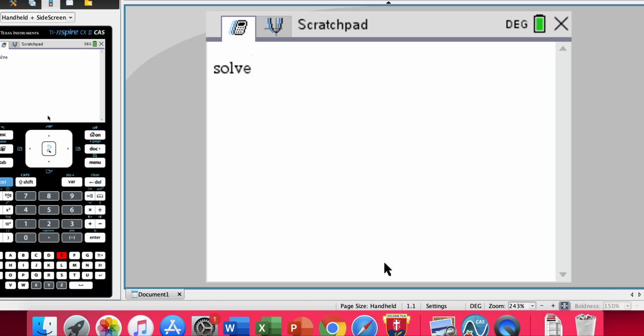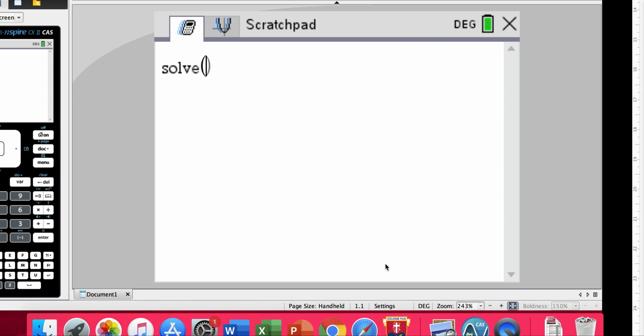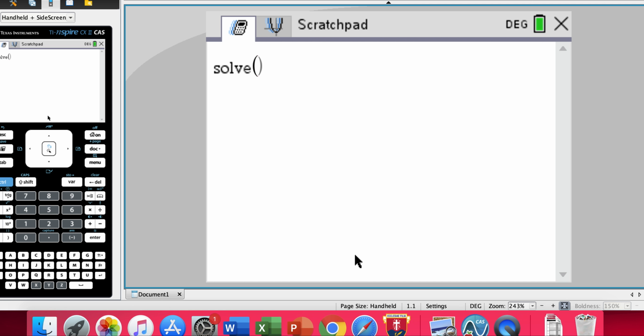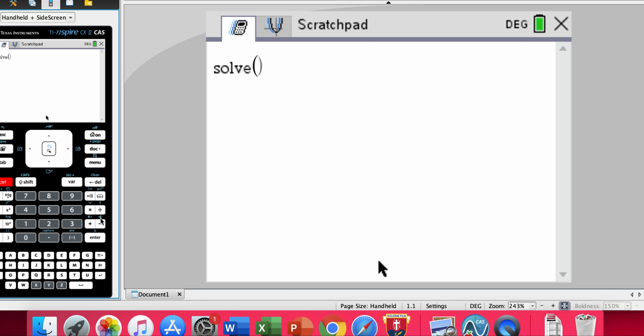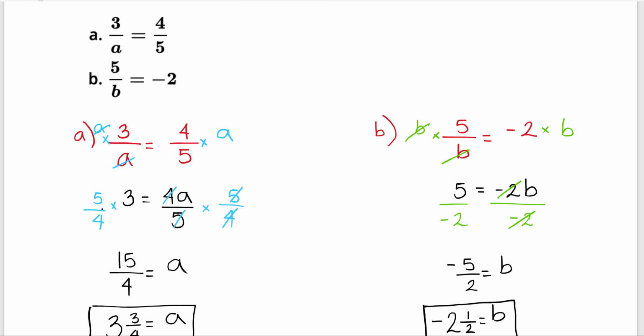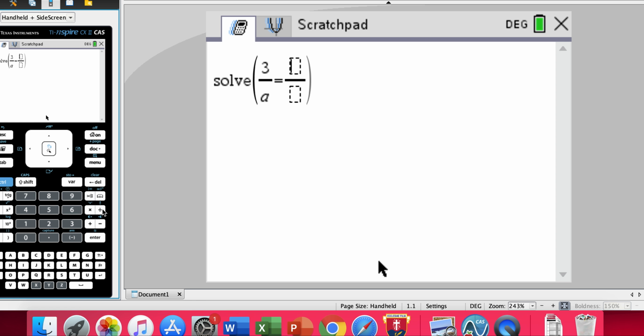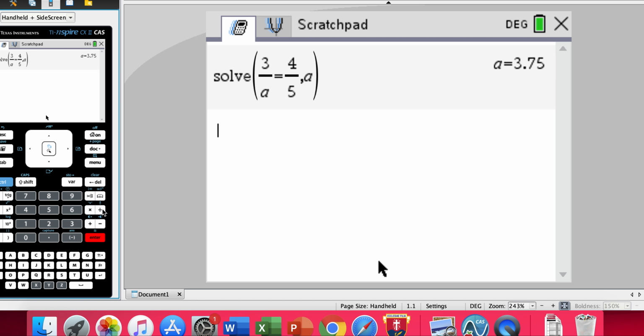Now type solve, and we are going to do 3 over a is equal to 4/5. And I'm solving, I have to say what I'm solving for, so I have to say comma, I'm solving for a, and then because I press control enter, sorry.